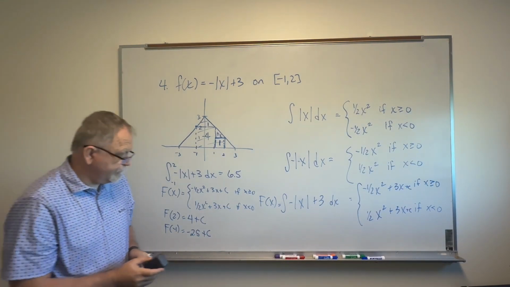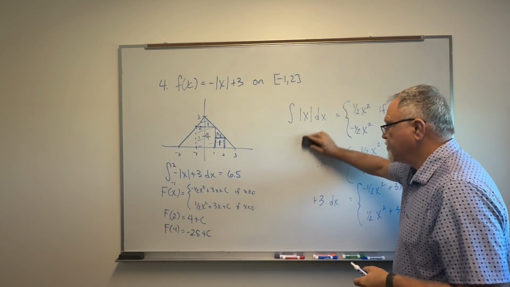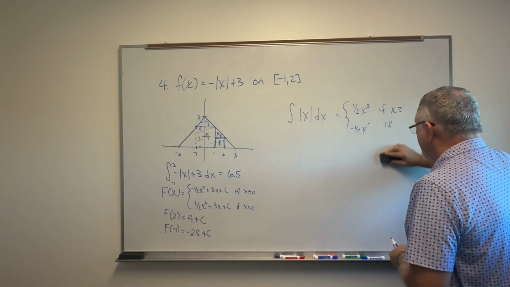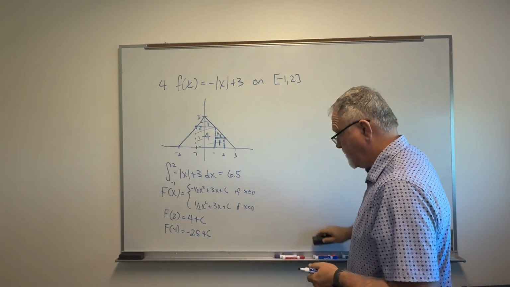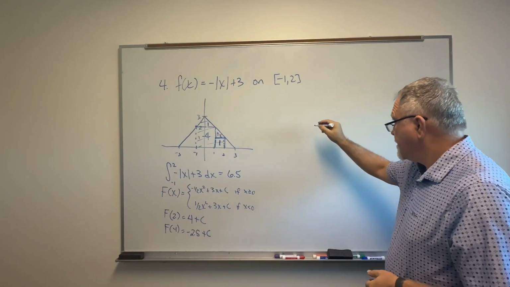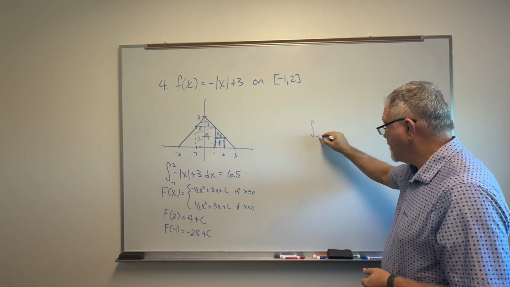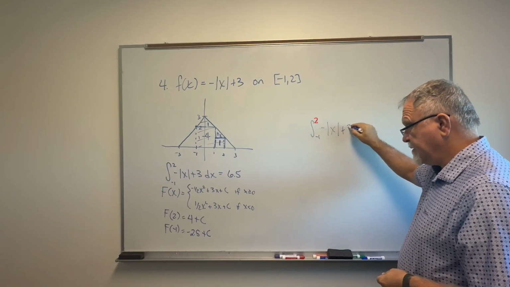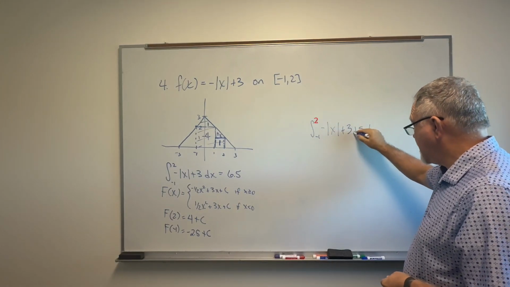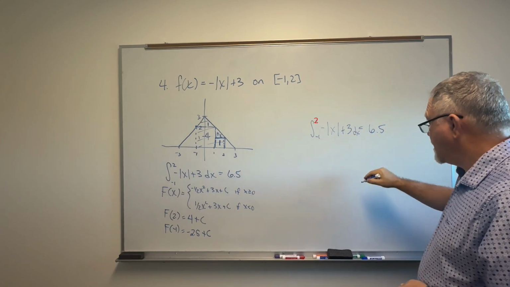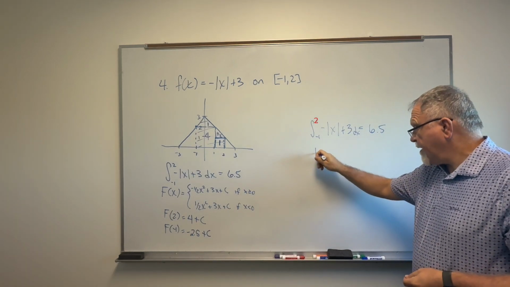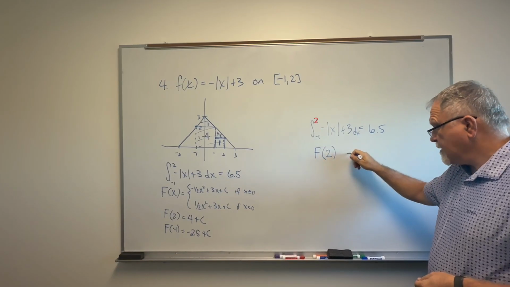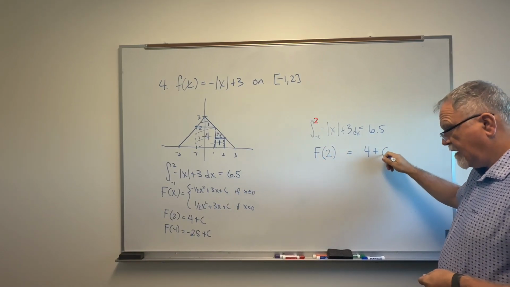Well, my final step is I'm supposed to try to see if I can figure out how those are connected. So I've got the definite integral from -1 to 1 of negative absolute value of x plus 3 dx is equal to 6. I've got that big F of 2 is equal to 4 plus constant.